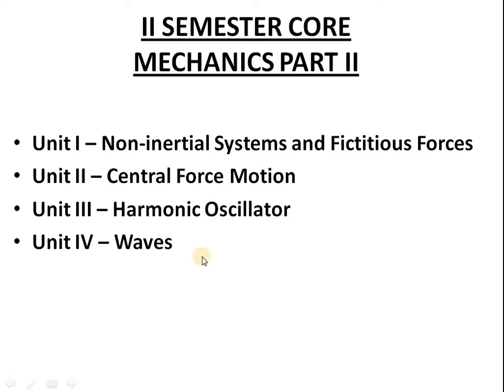We will study different types of waves and mathematical treatment of waves, mathematically how a wave can be expressed, wave motion, and the different phenomena happening in wave motion will be discussed under this chapter. So these are the 4 chapters or 4 units to be dealt with in semester 2.